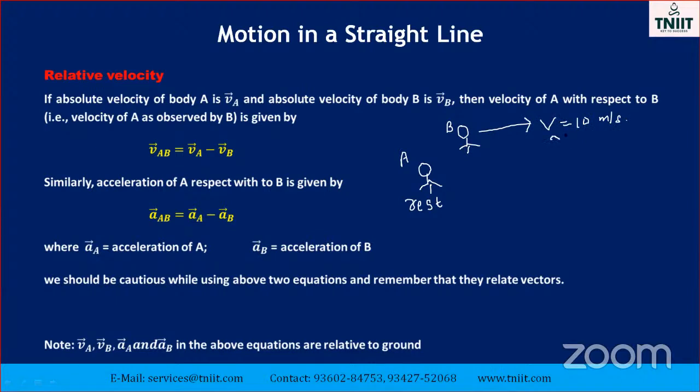So this is the normal velocity with respect to observer A.